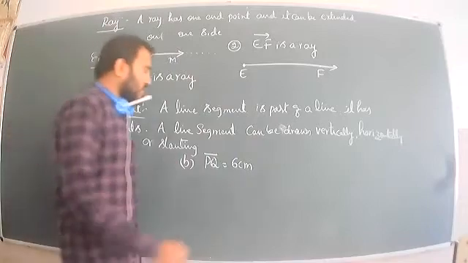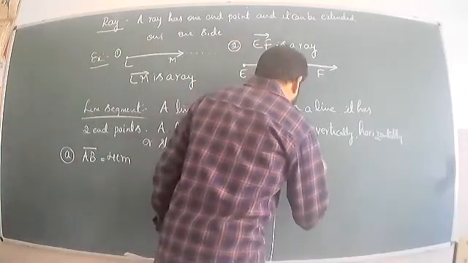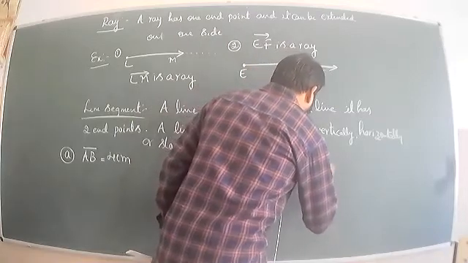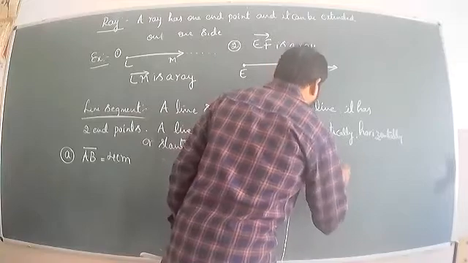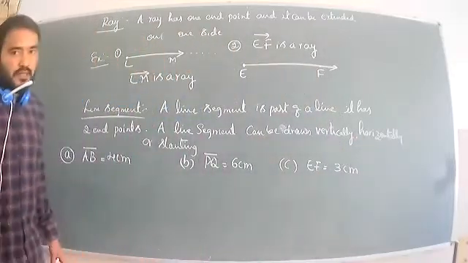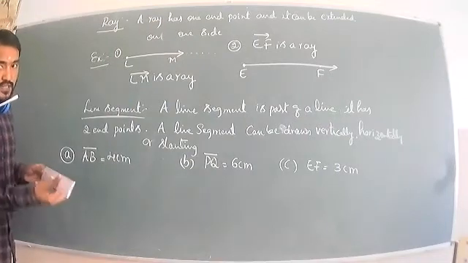Then after that, EF, 3 centimeter. Now we use the scale, counting from zero; it starts from zero.